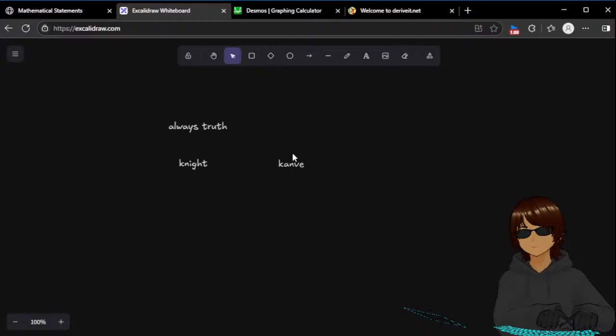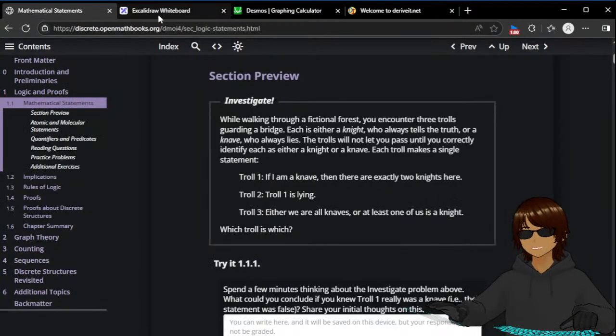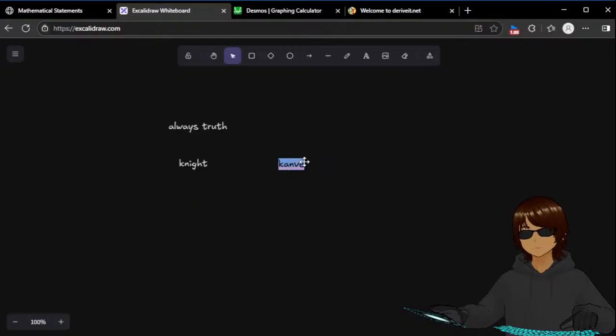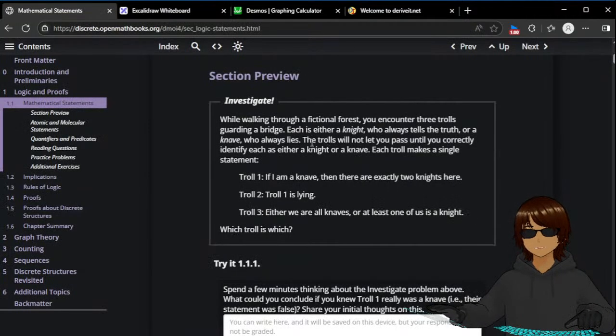A knave always lies. The trolls will not let you pass until you correctly identify each as either a knight or a knave. Each troll makes a single statement.